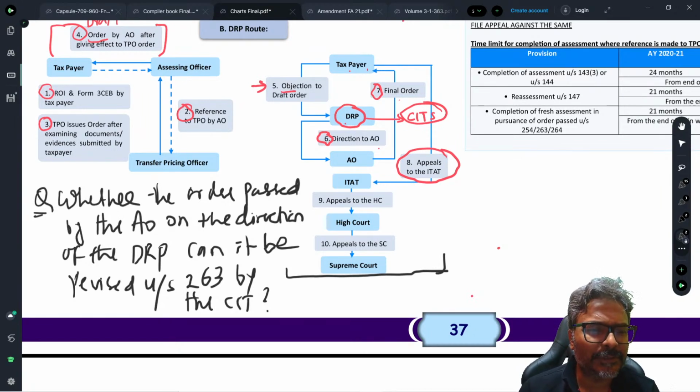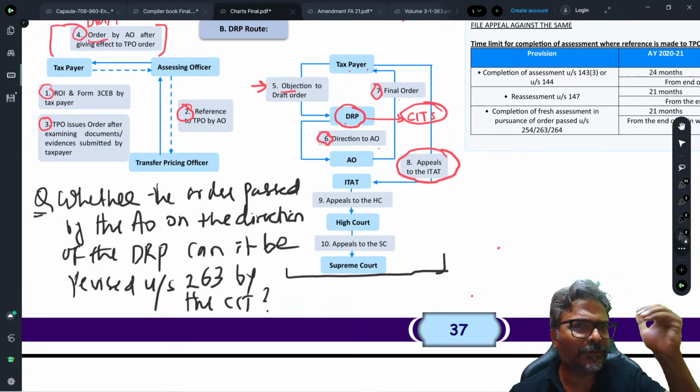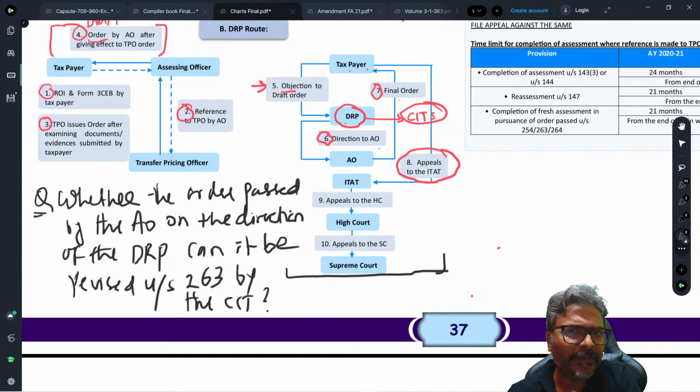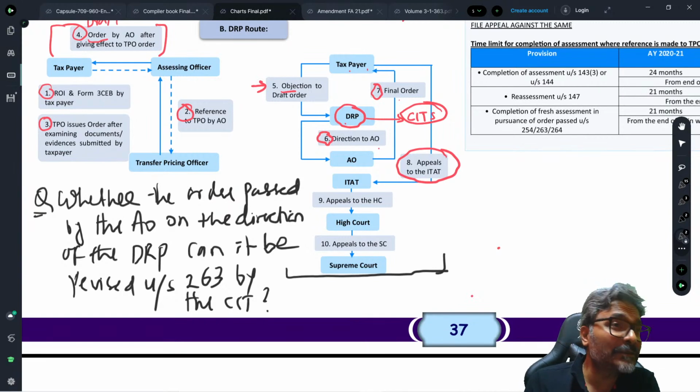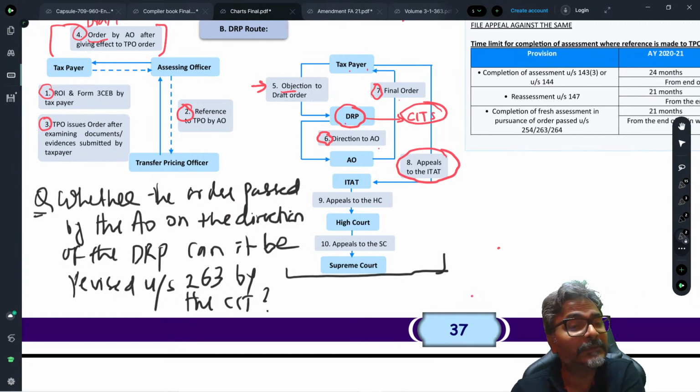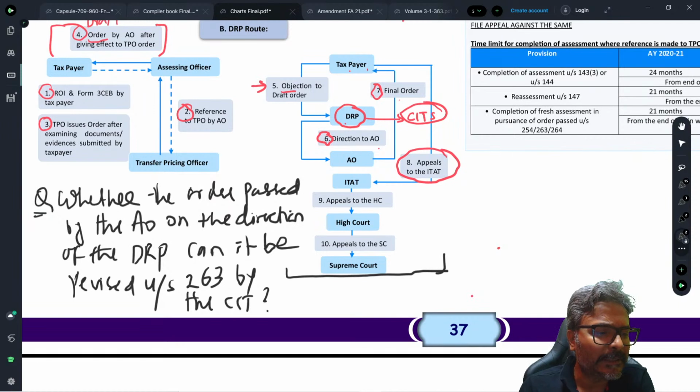So here the question is whether, in this particular case study, on the direction of the DRP, the assessing officer has passed the order of assessment, can the CIT revise such an order passed by the AO on the basis of the direction received from the DRP. The answer, students, is yes.